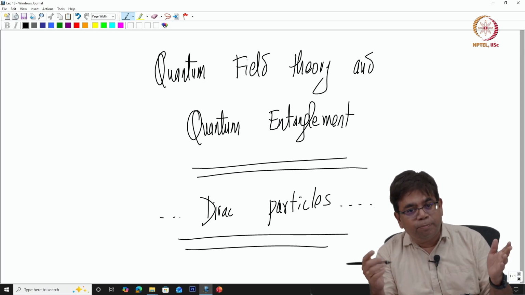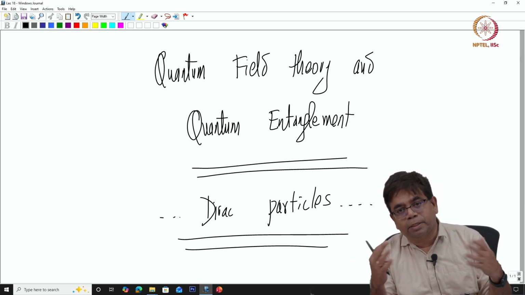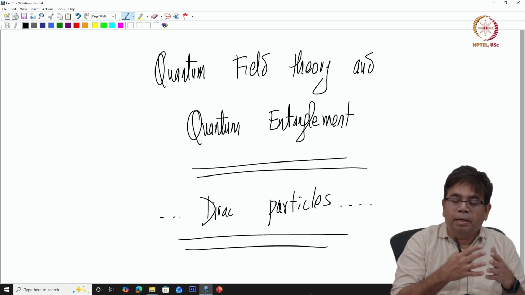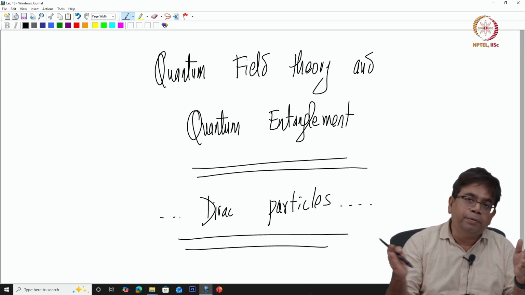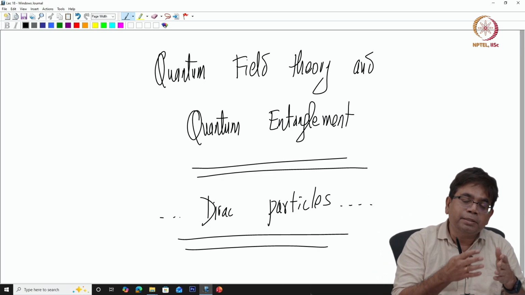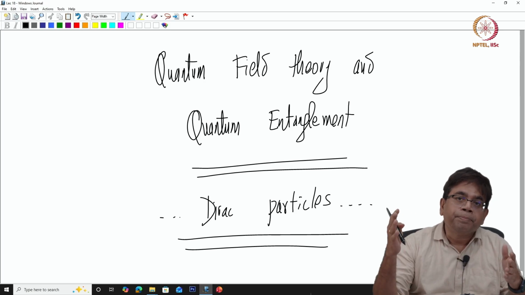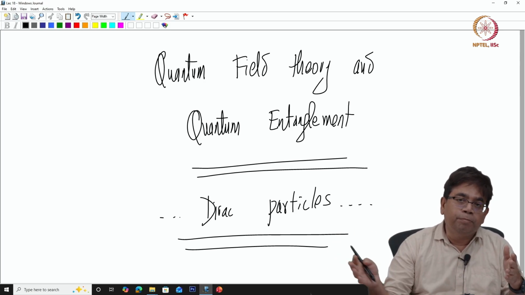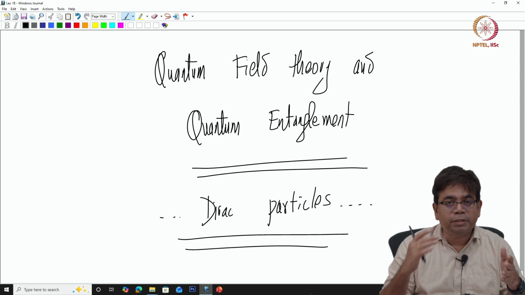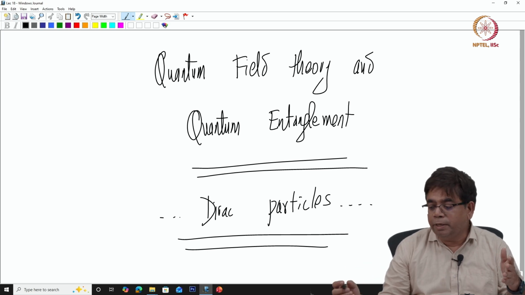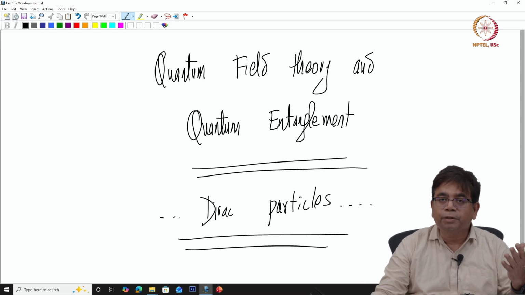So, it forms a group, and this group is a continuous group, which essentially means that the parameters of the group are continuous, and it starts from unity, and such types of continuous groups are called Lie groups essentially.